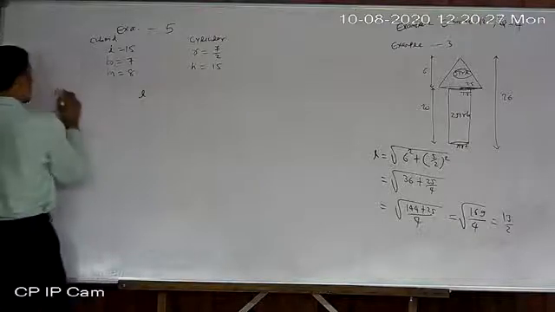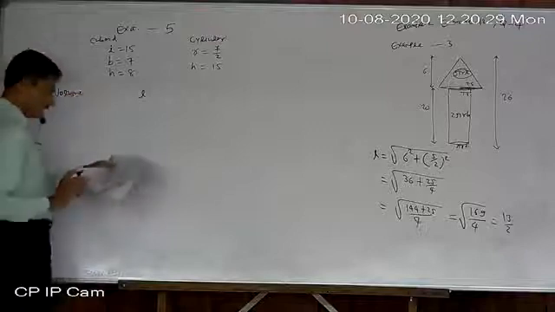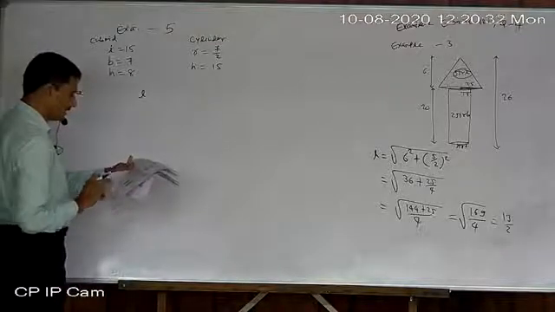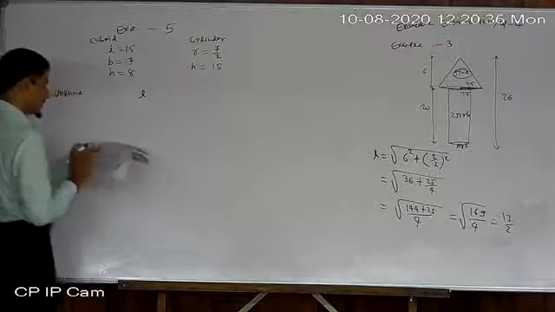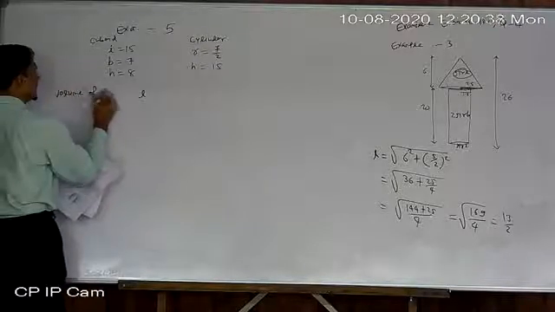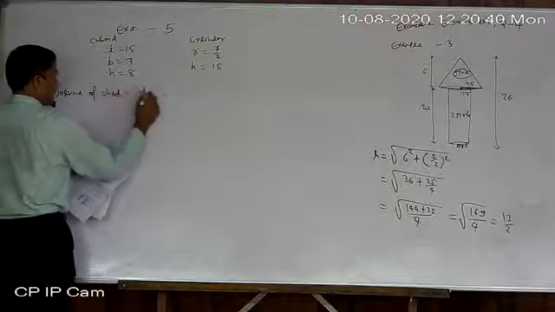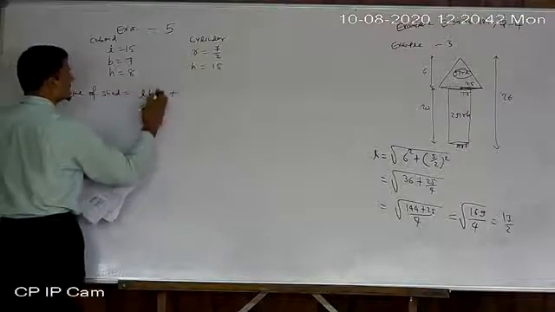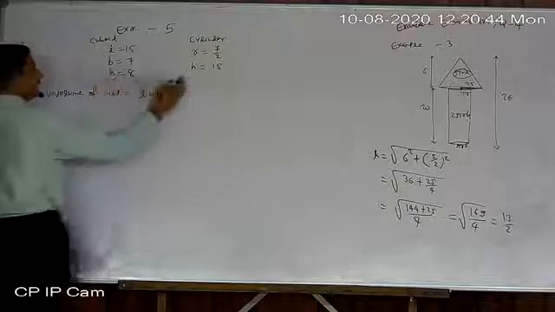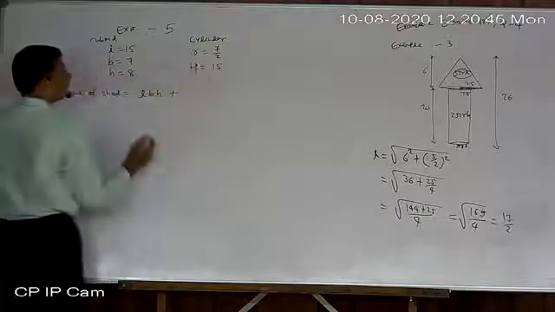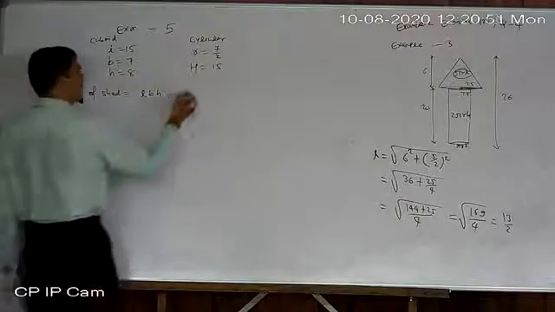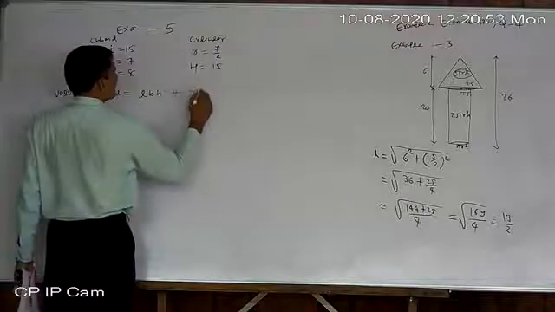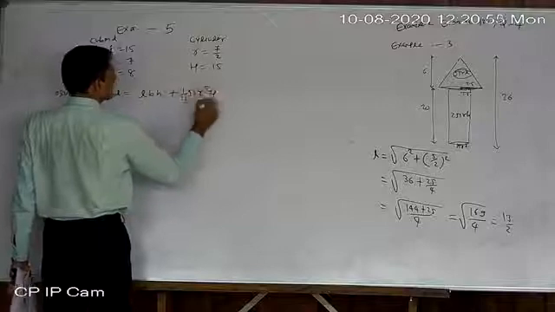So volume of this shed, an industry shed, will be LBS plus, keep a different symbol so that they cannot be mixed up, plus half pi R square S. Here I have written half.